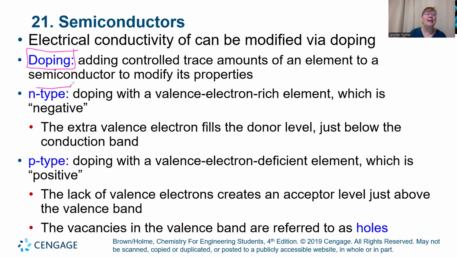The first one is N-type. When you think N, you think negative. What you're going to do is dope with a valence electron rich element, and we would call that negative. One way to remember is that your N types have more than 4 valence electrons.